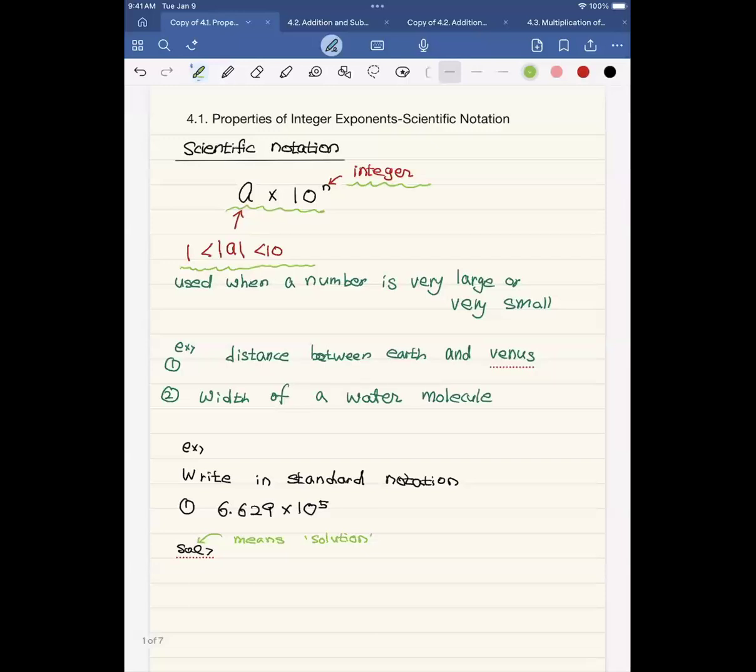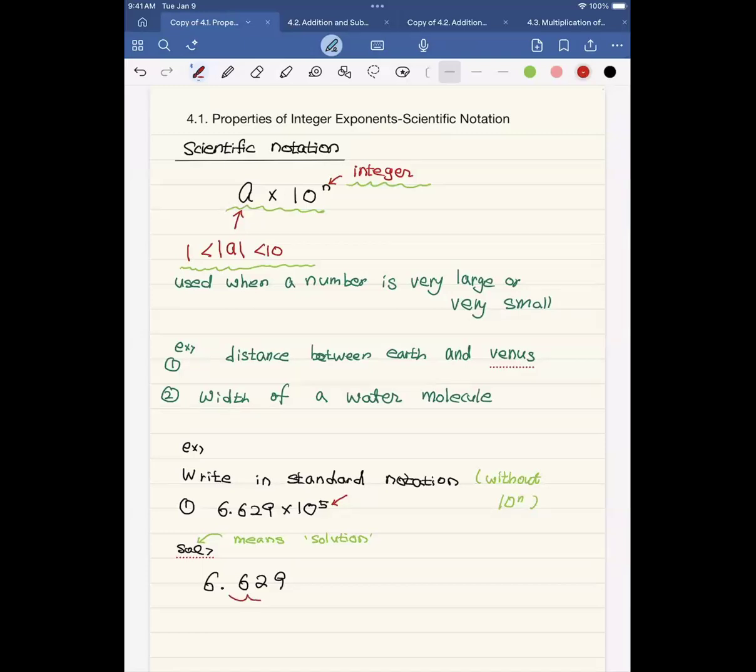Writing in standard notation means writing without the 10 to the n power. So what we will do is move the dot. 6.629 is given, and the power is 5.